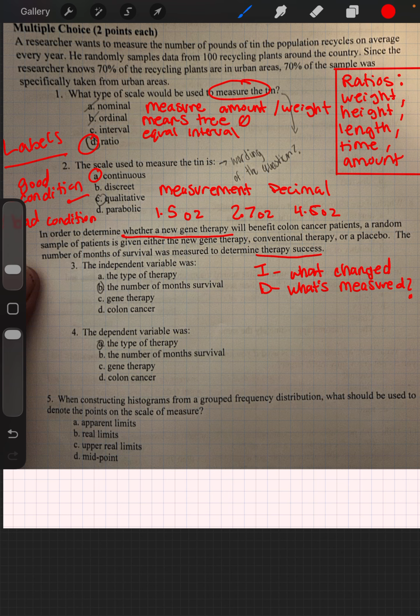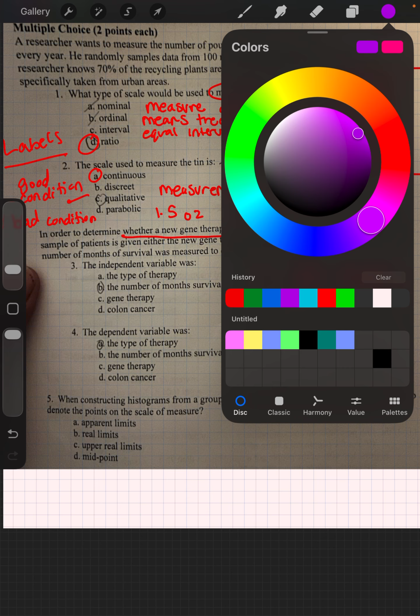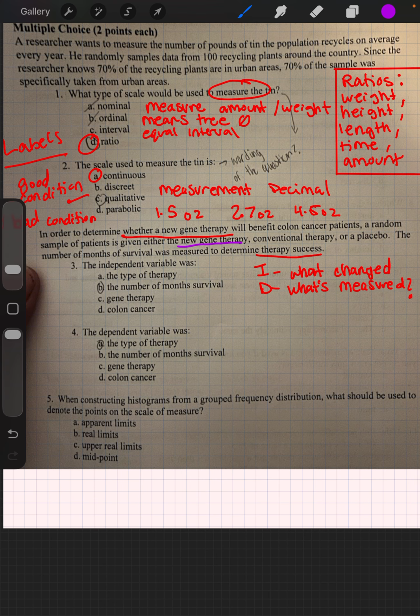What is being changed is whether they get a new gene, normal, or placebo.